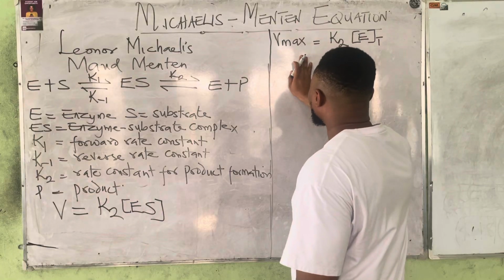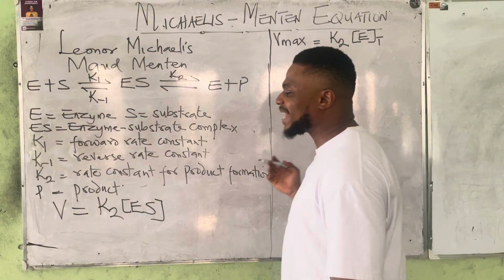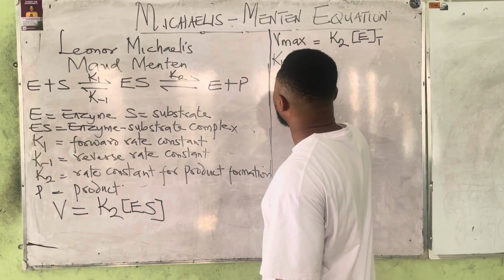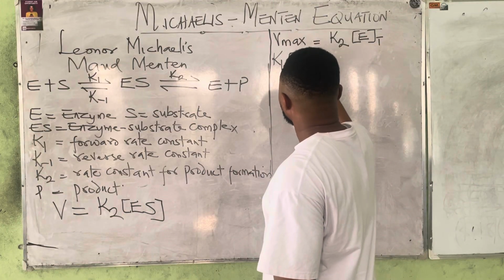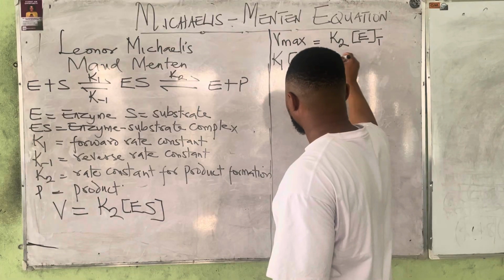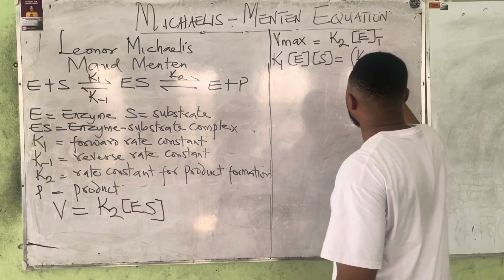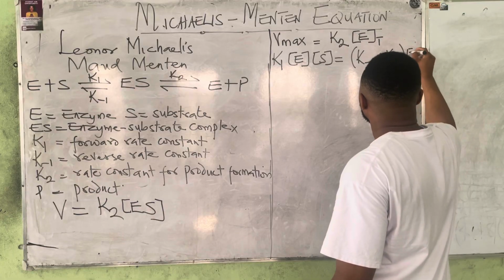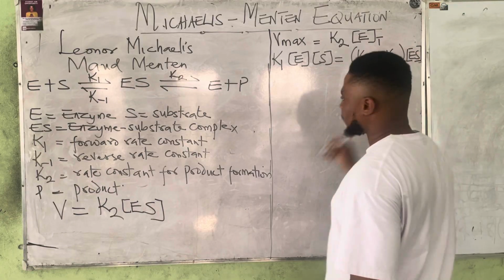Alright, so now we'll start with another expression, and that expression is K1 times E times S equals K minus 1 plus K2, in brackets, times ES.